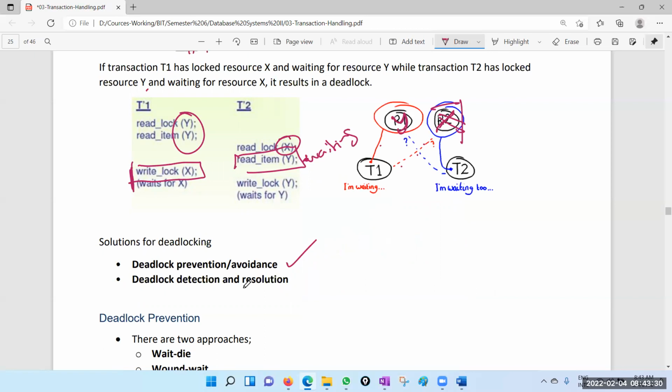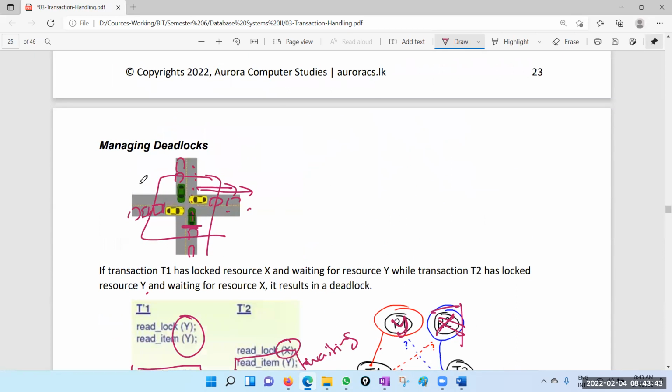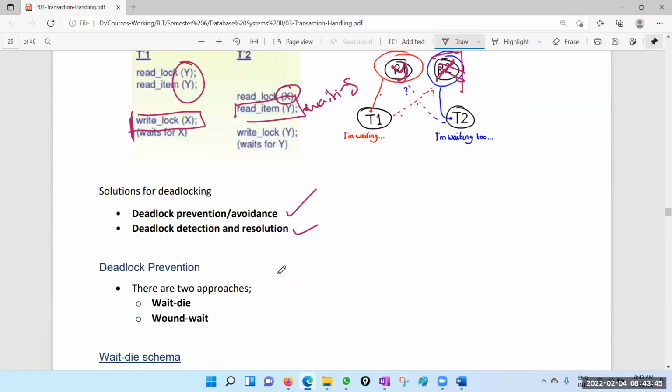The second approach is it frequently or periodically checks whether there are deadlocks. If there are deadlocks, it will resolve them in the same way. We have to roll back one party, one transaction, and then the other transaction can proceed. So there are deadlock prevention mechanisms as well as deadlock detection and resolution.